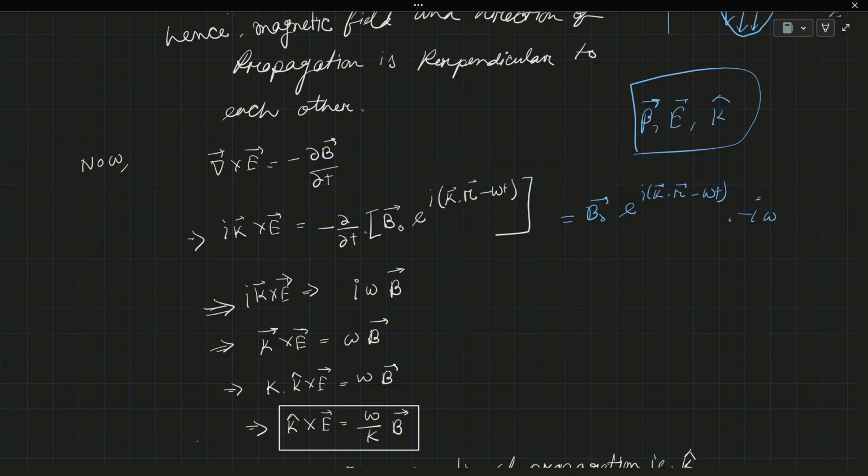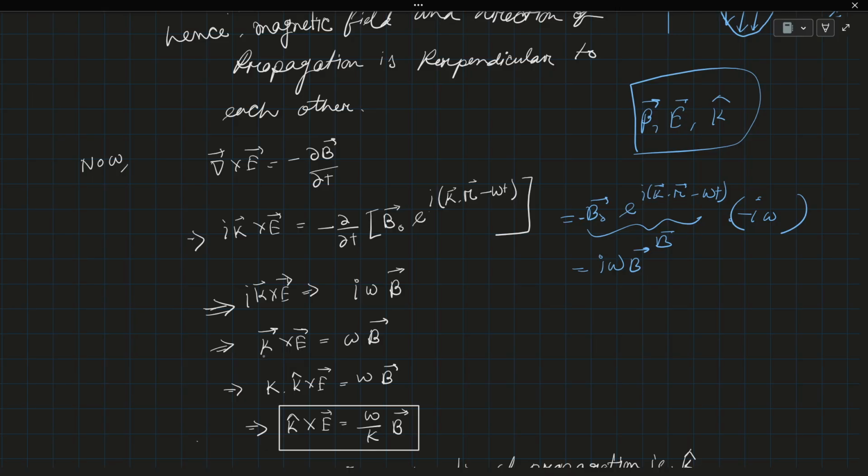But there was a minus sign already, so the two minuses cancel, and I get i omega B. So now the i cancels, and I can write k cross E equals omega B.